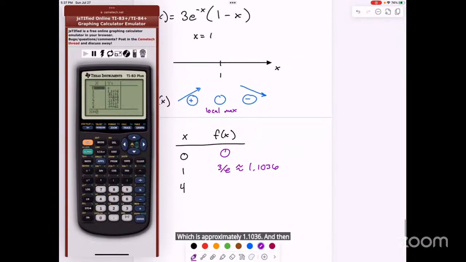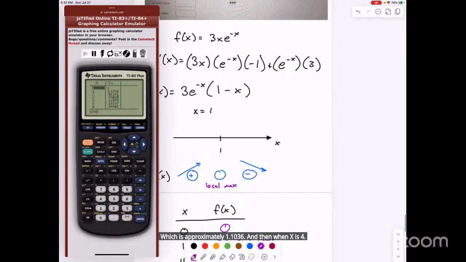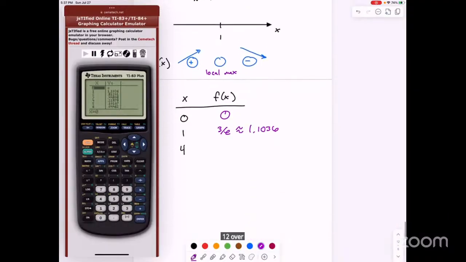And then when x is 4, 12 over e to the power of 4, which is about 0.21979.